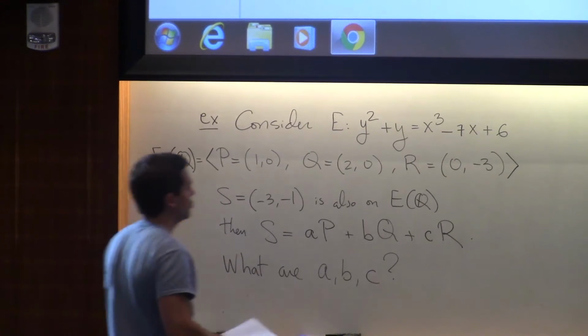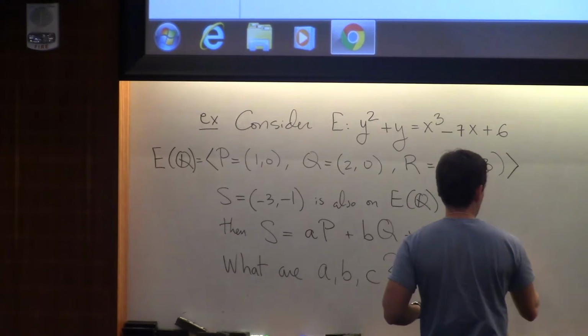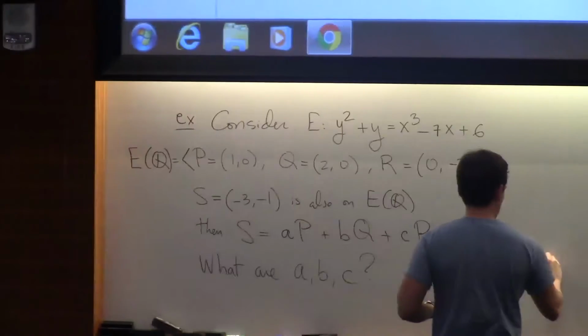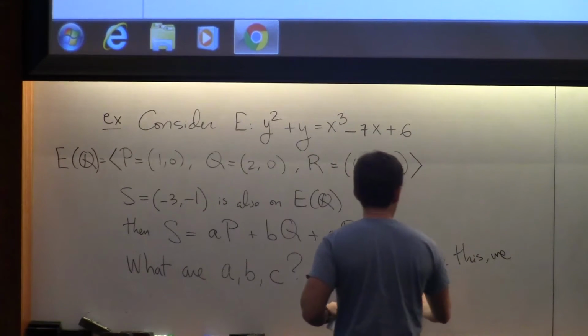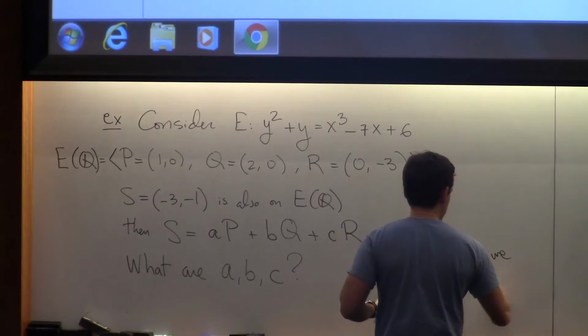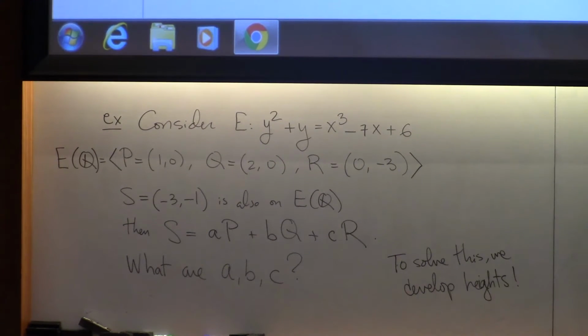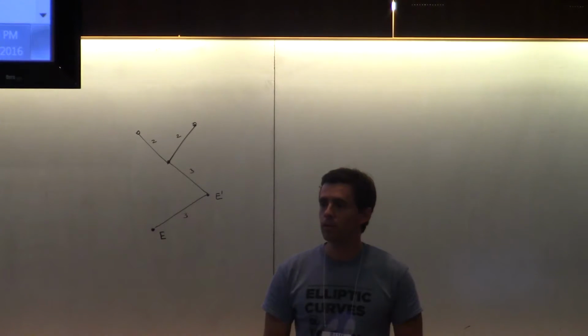So to solve this, we developed the theory of heights. Why heights? Why do we think that that's going to help? Yes? Can I just ask, in this special case, how do we know it is torsion free?